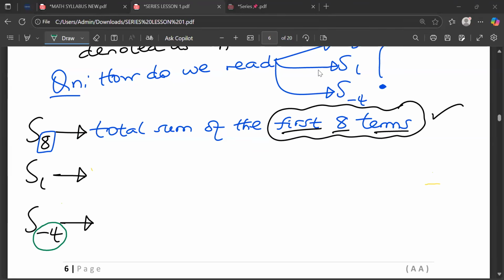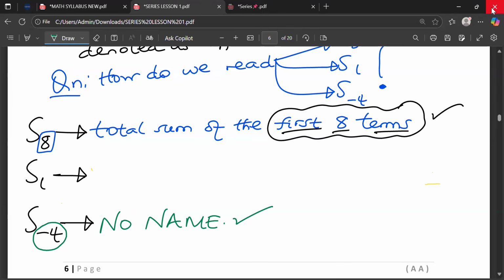Some of the last 4 terms. Baganda now being creative. That one has no name because terms cannot be negative.